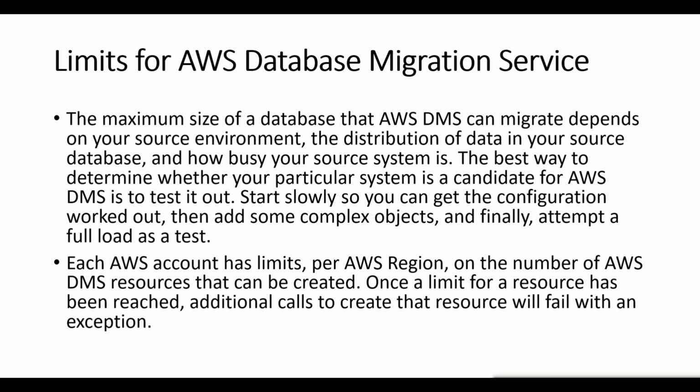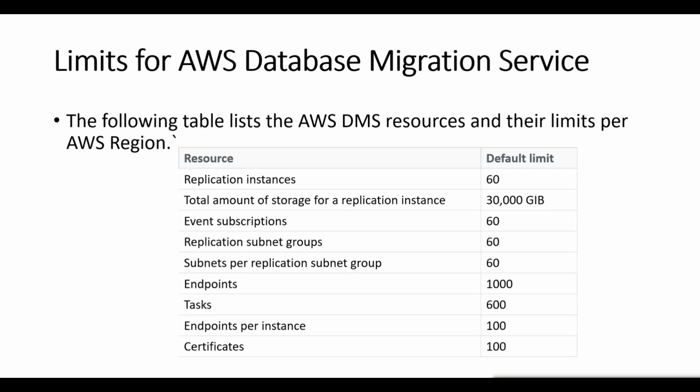Start slowly so you can get the configuration worked out, then add some complex objects, and finally attempt a full load as a test. Each AWS account has limits per AWS region on the number of AWS DMS resources that can be created. So once a limit for a resource has been reached, additional calls to create that resource will fail with an exception.